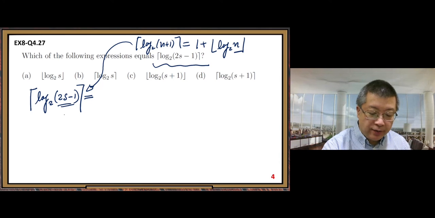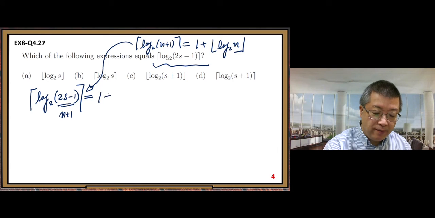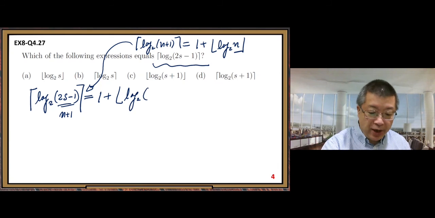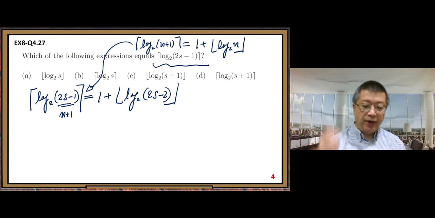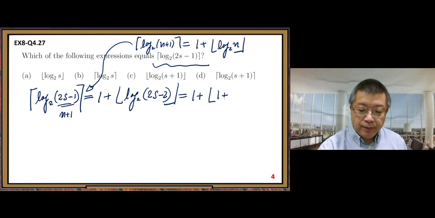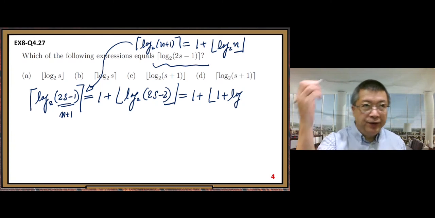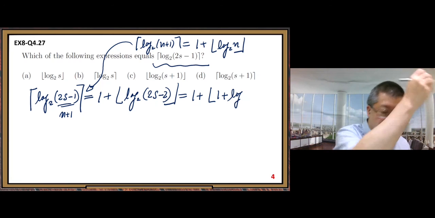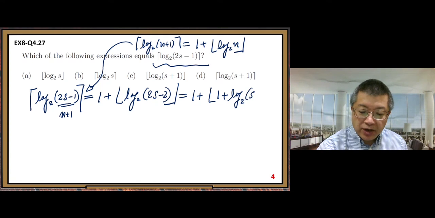This whole thing we can treat as n plus 1, so we get 1 plus the floor of n, that 2s minus 1 and minus another 1, so minus 2. But that 2, we can use the property of logarithm. We can take that 2 out, log base 2 of 2 is 1, so 1 plus s minus 1.